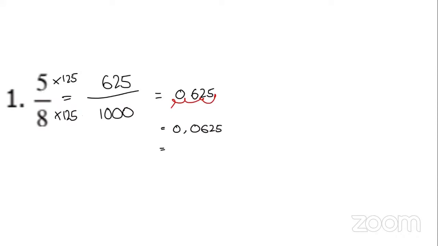Okay, so now that we've simplified, is it 0.0? And did I put an extra 0? Yeah, I think so. 0.625. Okay, so this is in decimal. And then we need to multiply by 100.